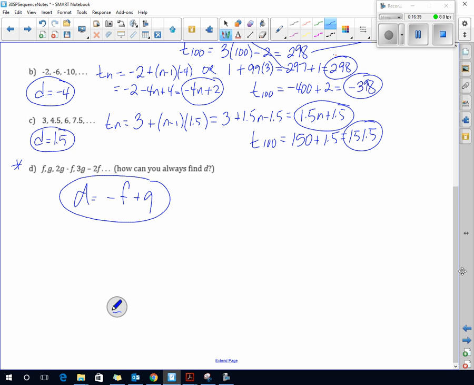Yes? Okay, so the general term then is the first term, which is f, plus n minus 1 times, if you want to write it as negative f plus g or g minus f, are you good with g minus f? I don't like starting with a negative.